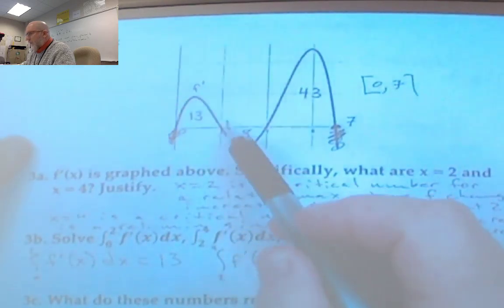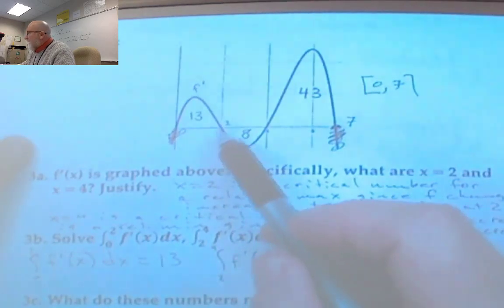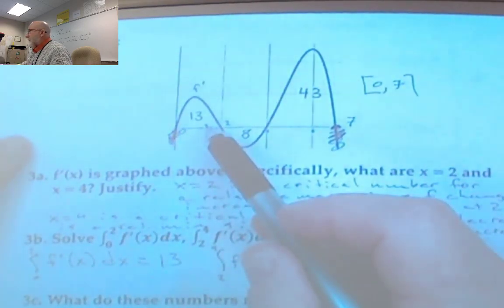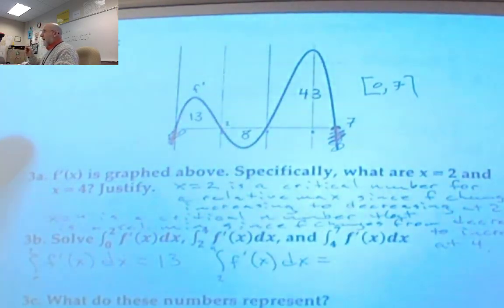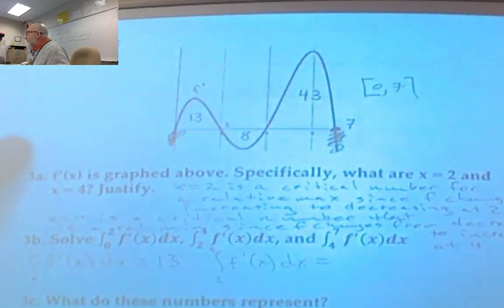F is increasing till it gets to 2. Would you agree? It's increasing 13. It went up by 13, just like (1, 5) and (3, 15) increased by 10, right?